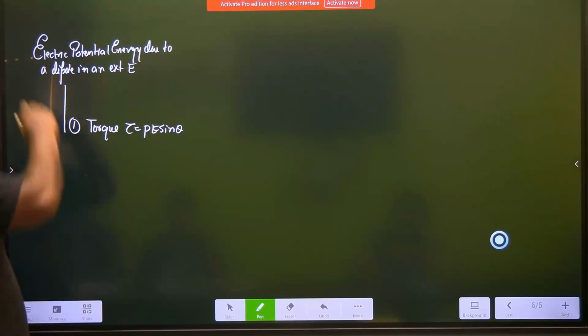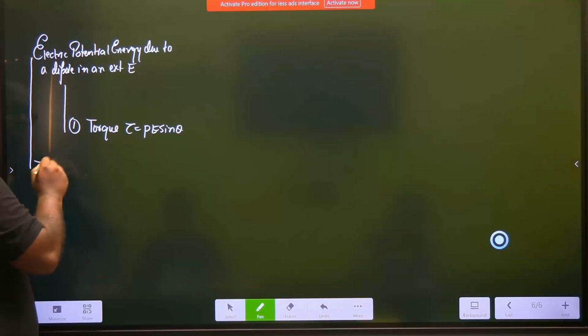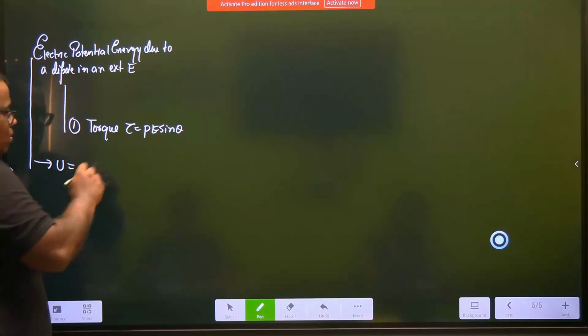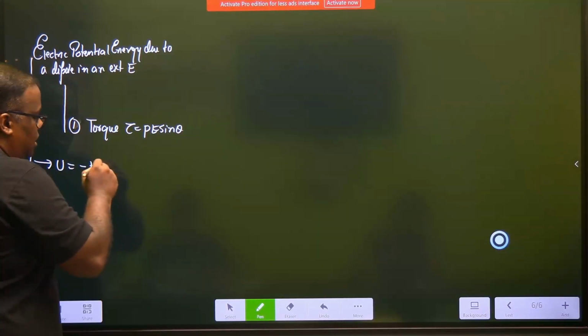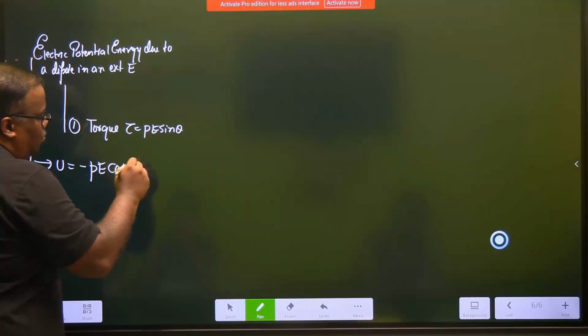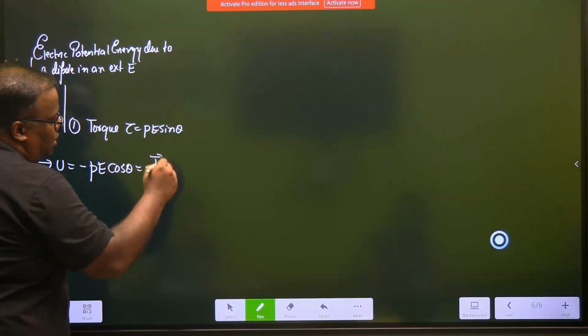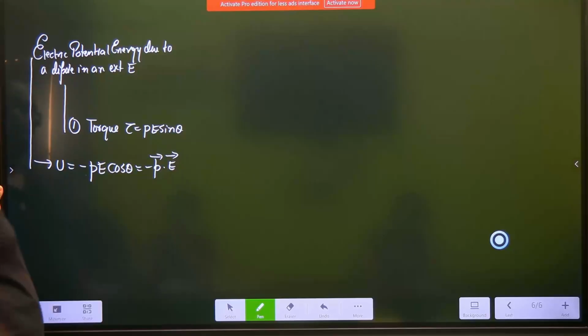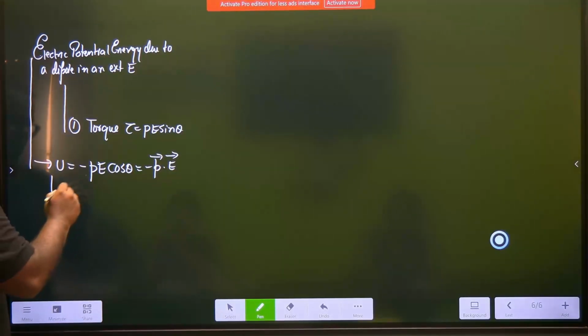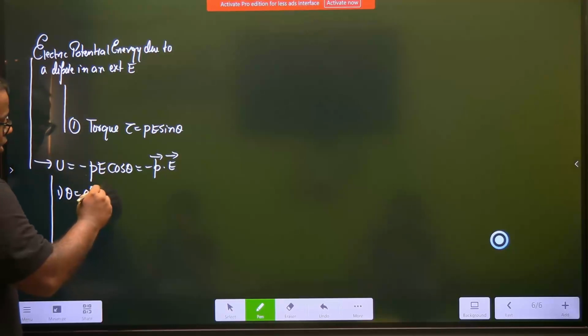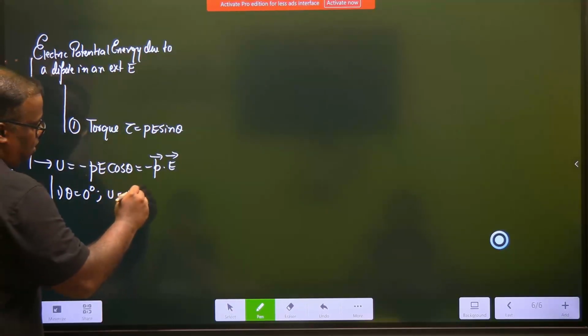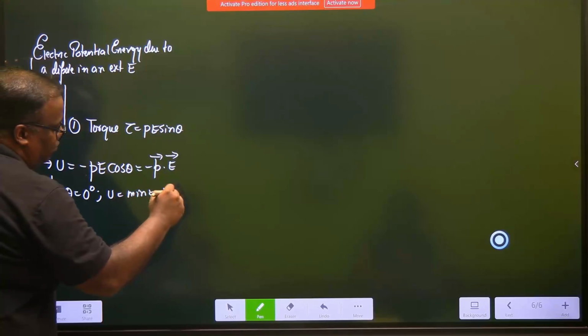And we said that the potential energy is given by U equal to minus PE cos theta, which is also equal to minus P dot E. Based on this, we got three configurations. Number one, theta equal to 0 degrees, U is minimum, which is equal to negative PE.